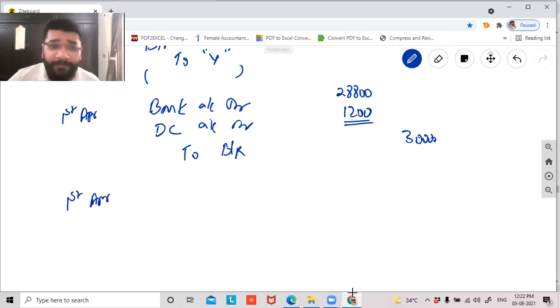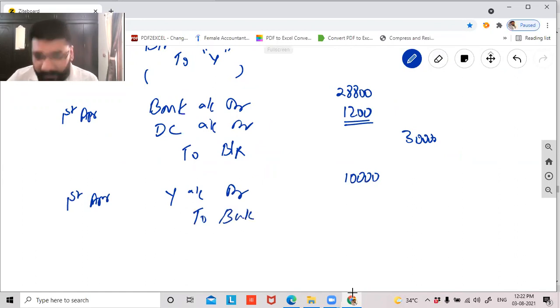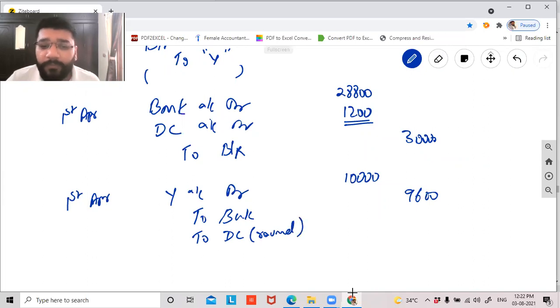X is giving money to Y. So to that extent, Y's account will be settled, to the extent of 10,000 rupees. Y account debit to bank. How much money is gone? 9,600 is gone. And to that extent, the discounting charges need to be reversed. 400 rupees.